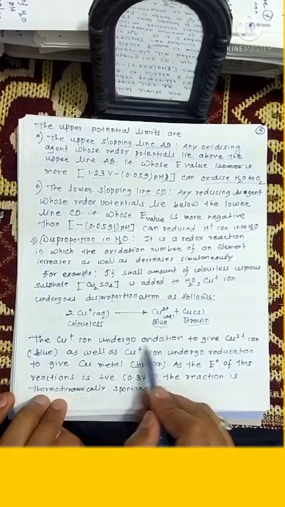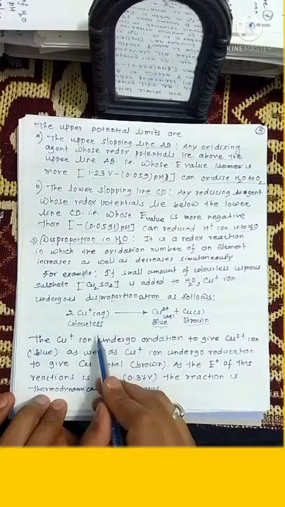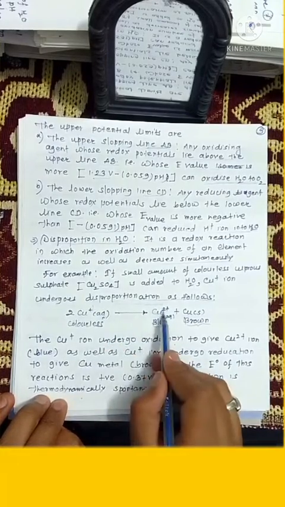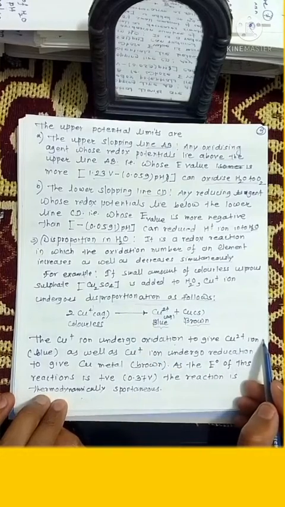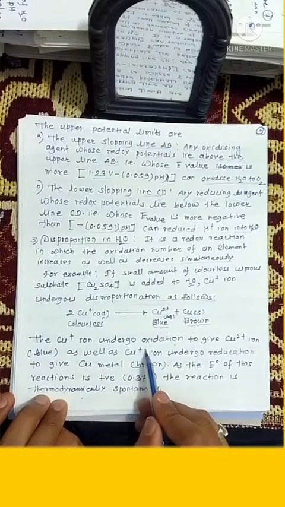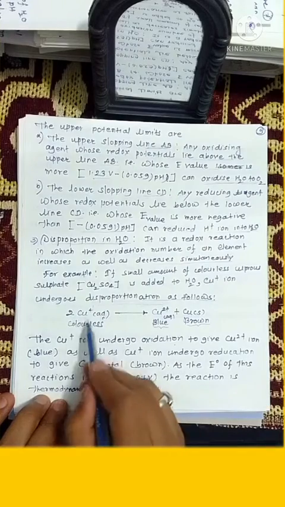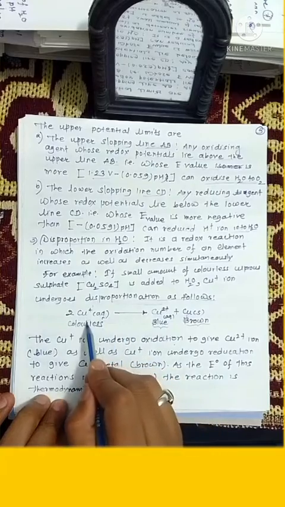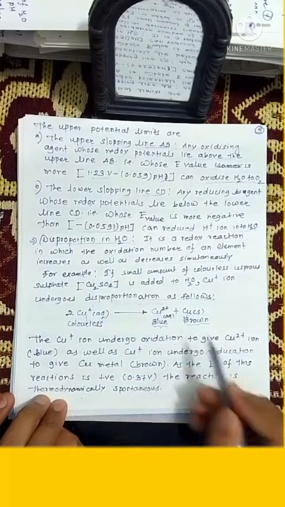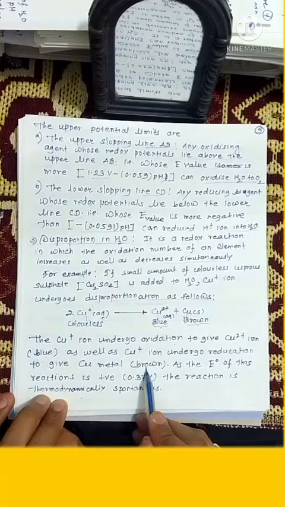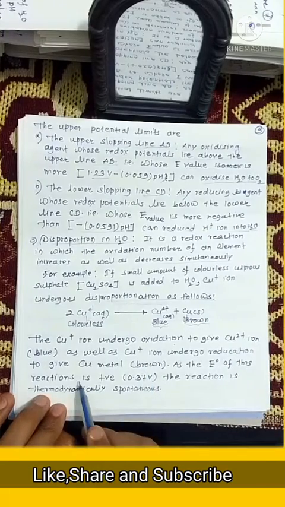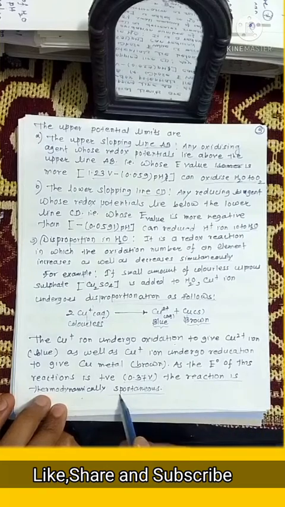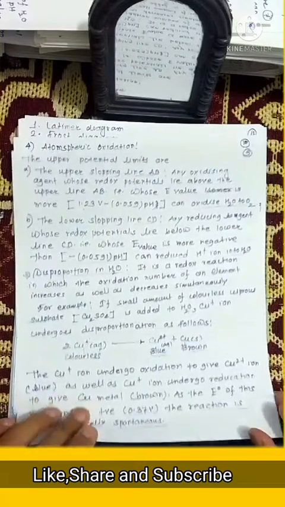Cu+ ion undergoes oxidation: by losing 1 electron, it gives Cu2+ ion, as well as Cu+ ion undergoes reduction: by gaining 1 electron, it gives brown copper metal. As the E0 of this reaction is positive, this reaction is thermodynamically spontaneous.